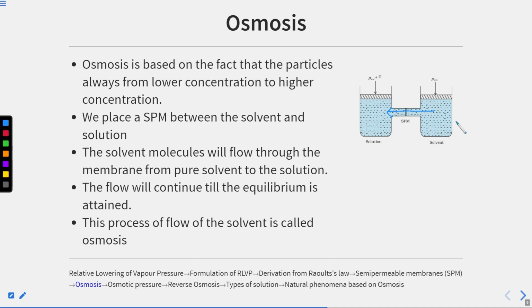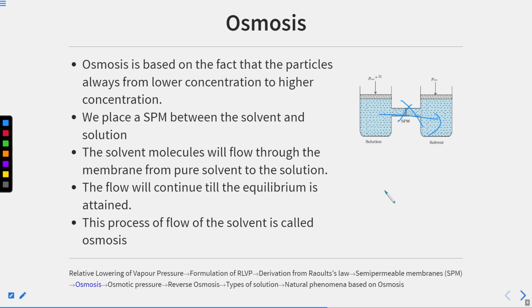Now what will happen if we do not place the SPM here? To maintain the concentration, the solute will flow from this side to this side, so that both concentrations can be balanced. If you want to experience this, just take a small bottle filled with color. Take water in another container, and put that small bottle of color in that water.